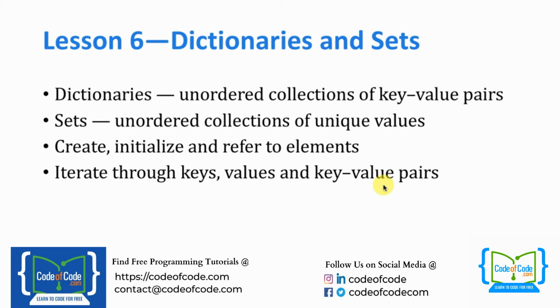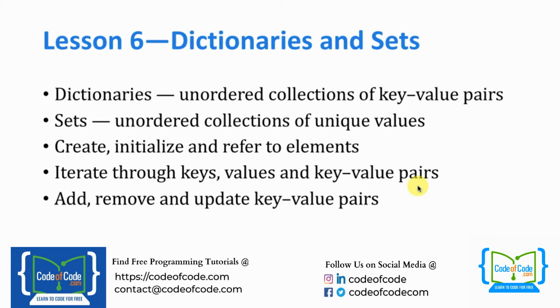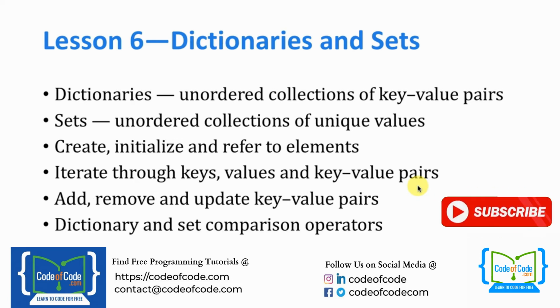And you might guess, based on the tuple capabilities that you've seen previously, that when you iterate through a dictionary to get at its key value pairs one at a time, you're going to get those back as tuples, which you can then unpack and process. I'll also demonstrate adding, removing, and updating key value pairs in dictionaries, and we'll take a look at the comparison operators once again because they can be used to compare entire dictionaries and sets.